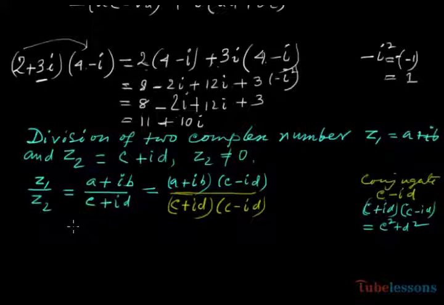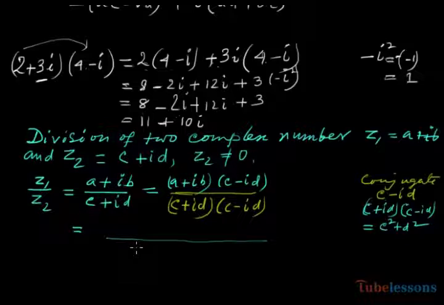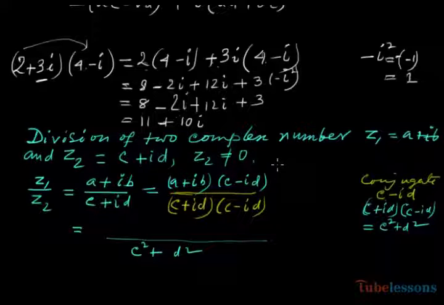So here we write C square plus D square, and above we have to multiply A plus iB and C minus iD.